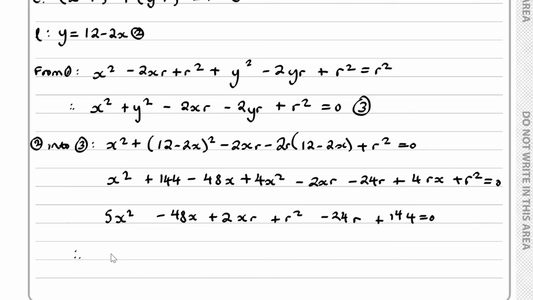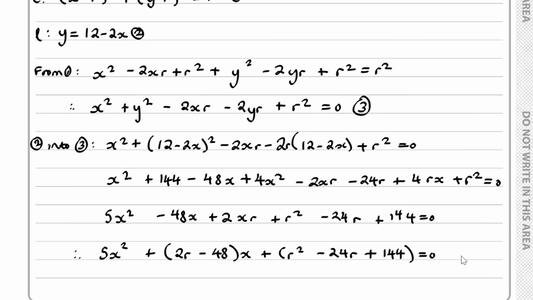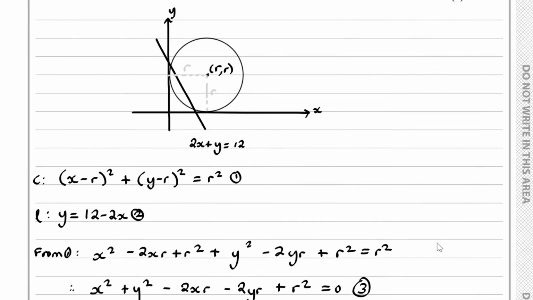And therefore, in conclusion, we have over here 5x squared plus 2r minus 48 lots of x plus r squared minus 24r plus 144 equals 0. And that's exactly what we wanted to show for part A of the question.